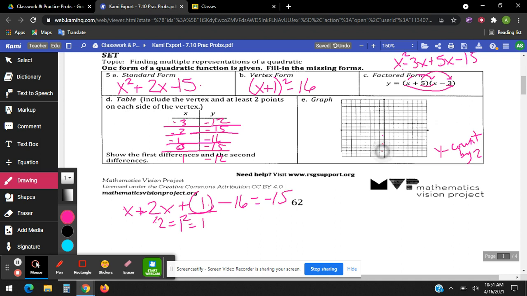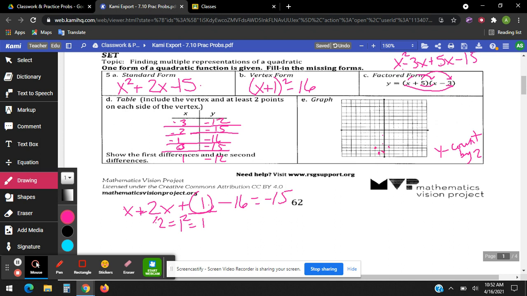So right down here is my 15. And then I need a negative 1, negative 16 right down here. And then 1, negative 12. So that's 15, 14, 12 is going to be about right here.